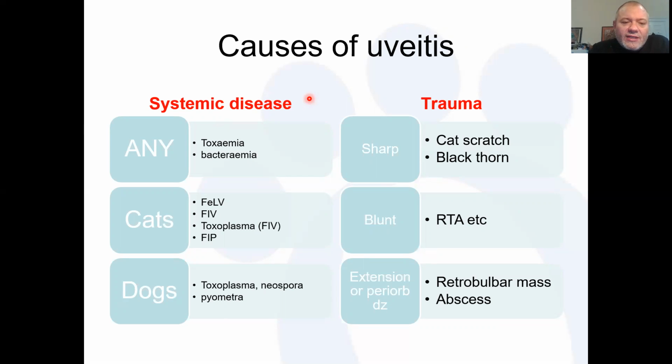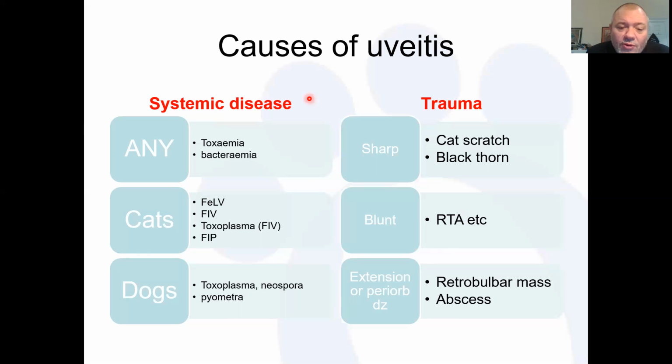There are specific infectious diseases, particularly in the cat: leukemia virus, FIV, toxoplasma, particularly associated with FIV, and FIP being the four main ones we would consider, but others as well. In dogs, both toxoplasmosis and neospora can also cause problems.